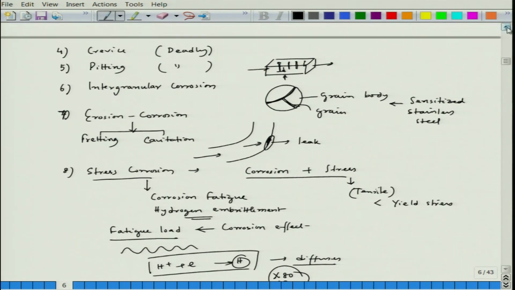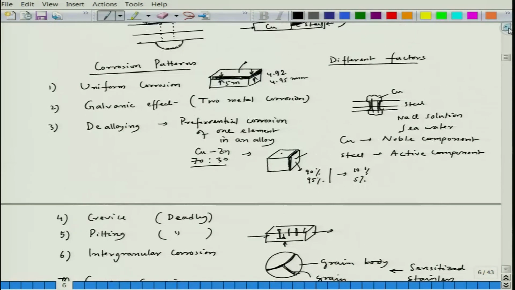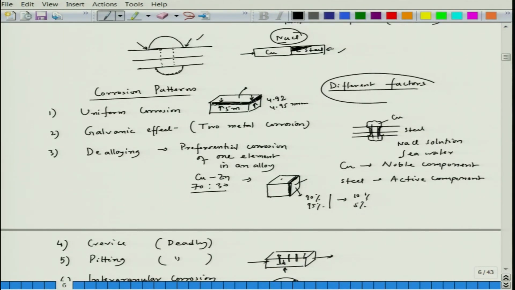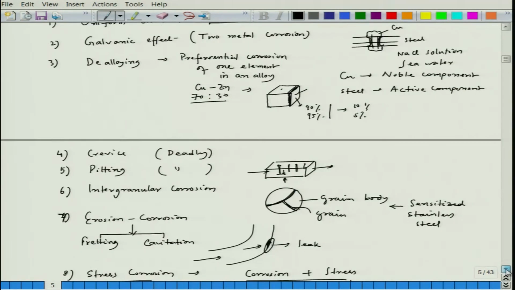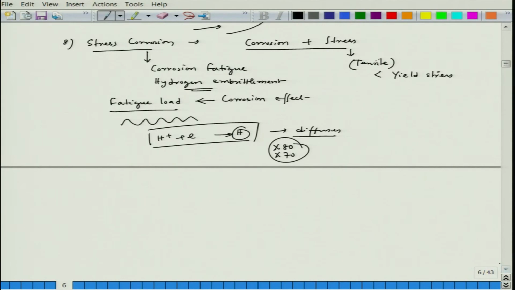Now, coming to the different factors, I will just name those factors, and discussion will happen in the next lecture. So, for example, environment.